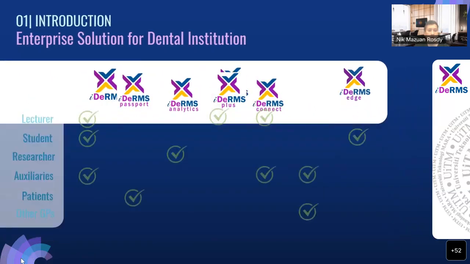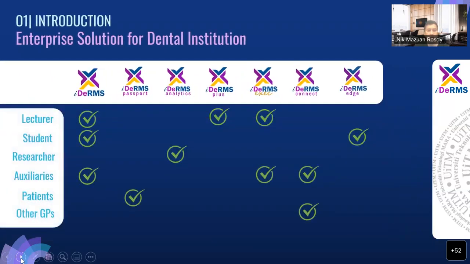As I mentioned just now, there are specific uses for every variant. The one I'm going to show you soon is the main iDeRMS, which will be used by lecturers, students, and dental auxiliaries, which are the dental nurses, DSAs, technicians, X-rays, and all.